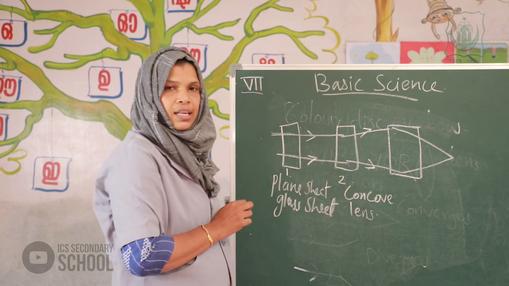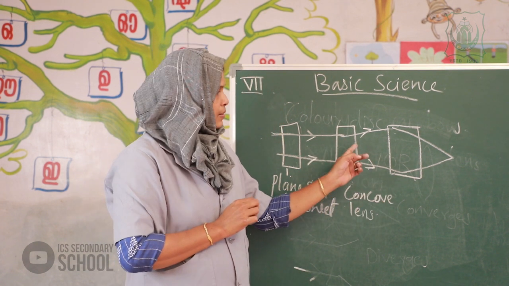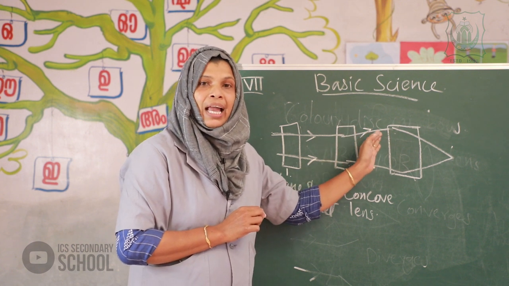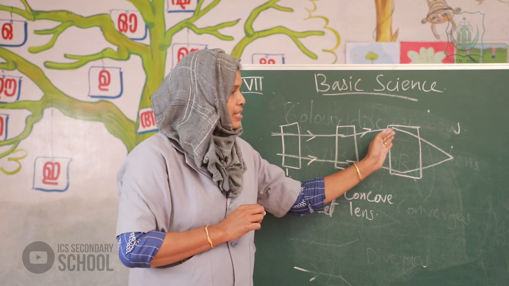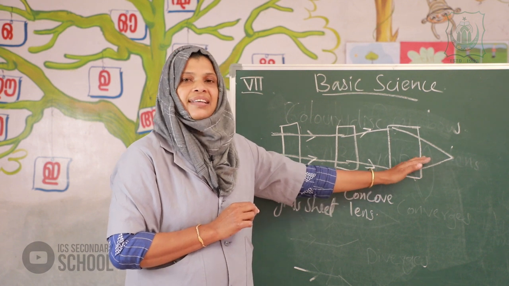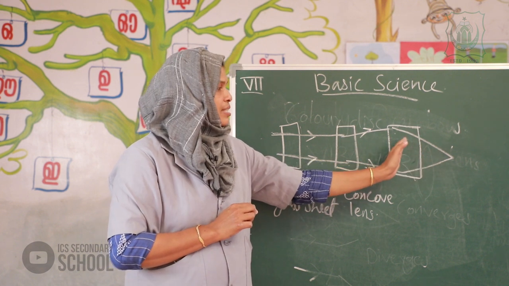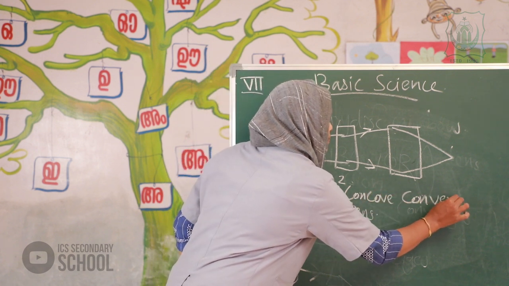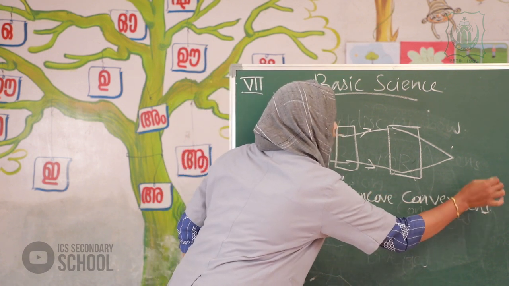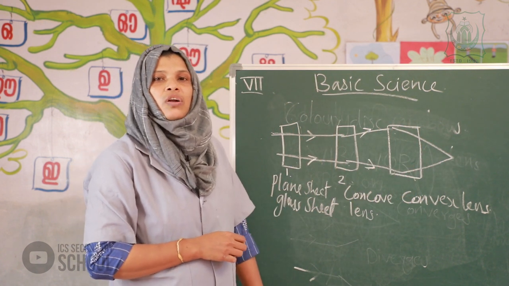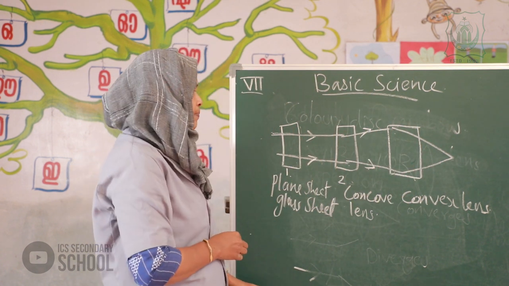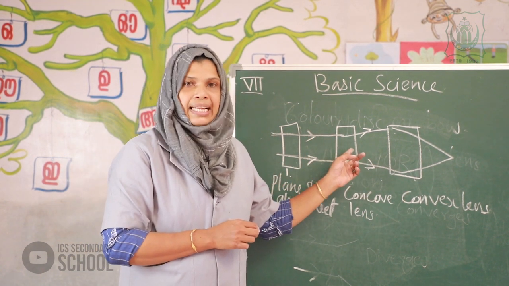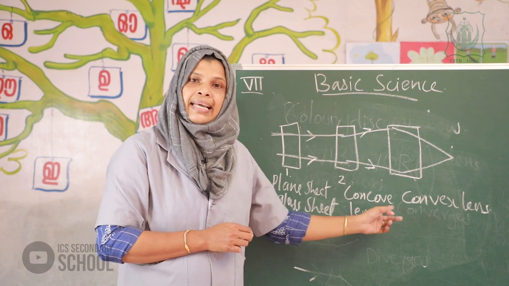You also studied that when a light beam passes through a convex lens, it converges. So this is a convex lens. So the first option is correct.